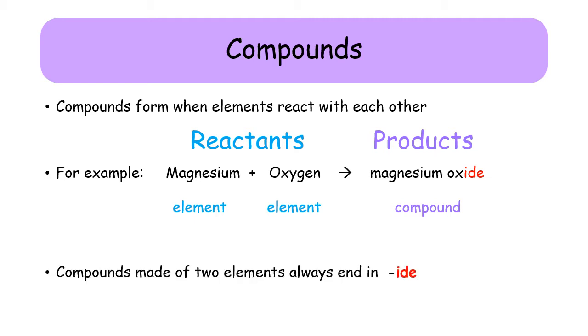And if you notice, the compound name ends in the letters IDE. Compounds that end in the letters IDE are made of only two elements. And you can usually work out what those two elements are from the name. So magnesium oxide gets magnesium, and the ox of oxide comes from oxygen.